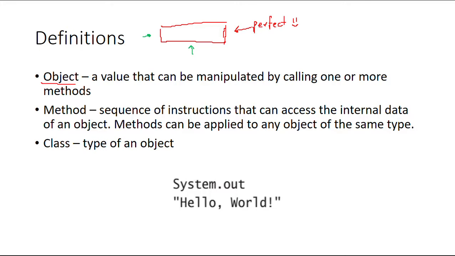And you can have methods. Remember, that's a fancy name for calling functions here in Java and in object-oriented programming. They're like instructions that can access the data of the object and can be applied to any object at the same time. Basically, you can manipulate things, you can compute things, you can set things.